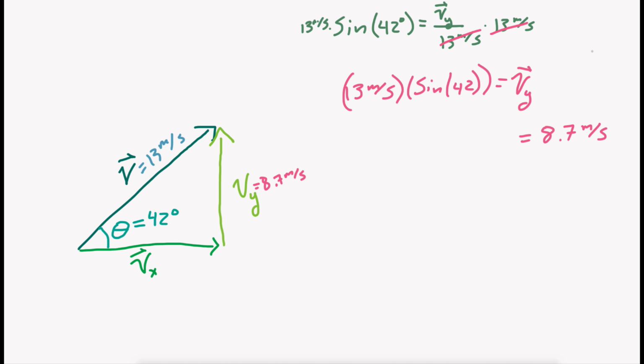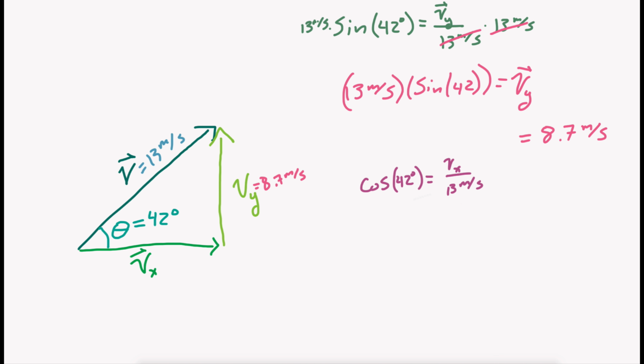We can then try to find our Vx, and this time we are going to use cosine. So cosine of 42 degrees is equal to our adjacent, which is Vx, divided by our original velocity, our hypotenuse, 13 meters per second.